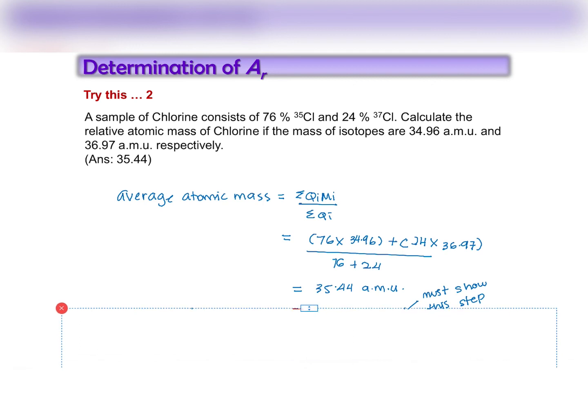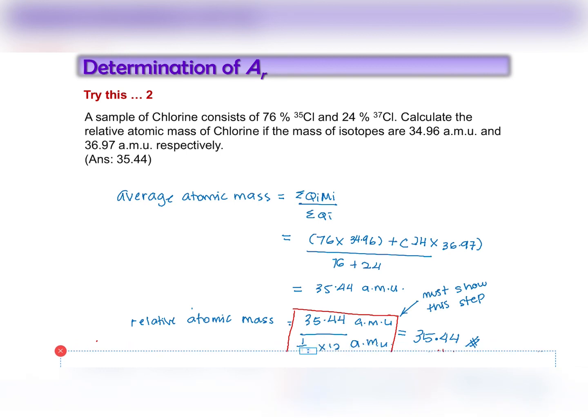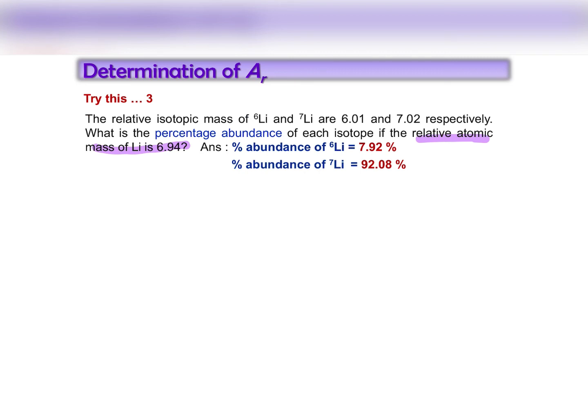Alright, so you will get this answer 35.44 atomic mass unit, and then when you want to calculate the relative atomic mass, this is your final answer, 35.44 and without unit.